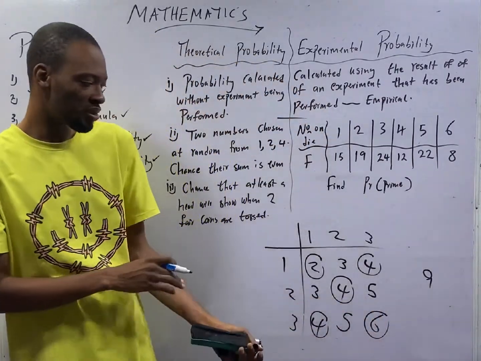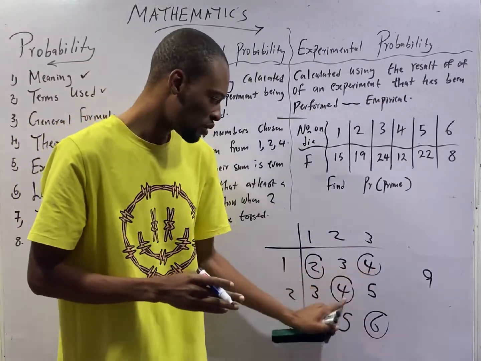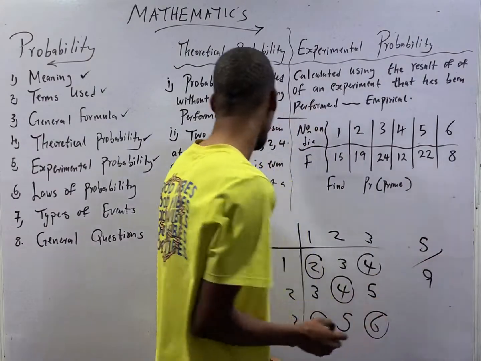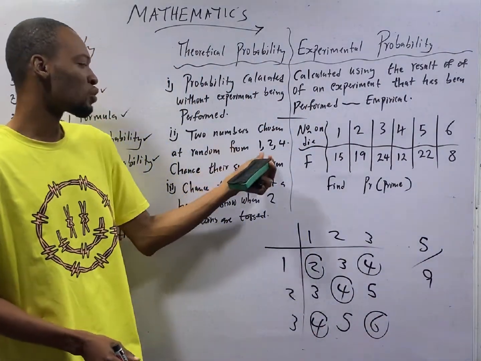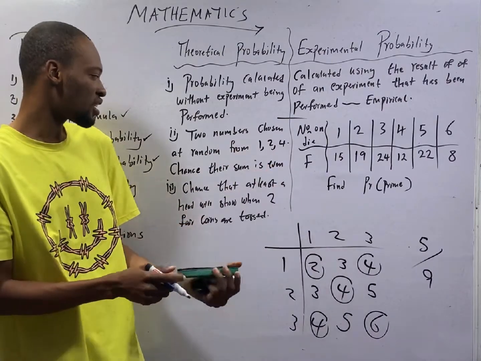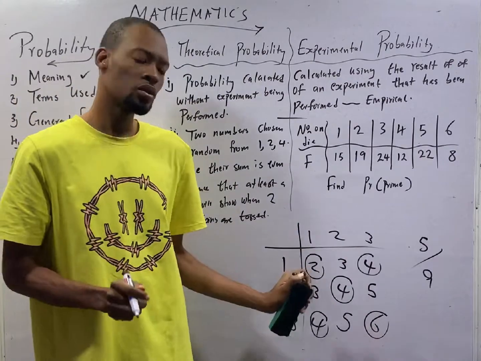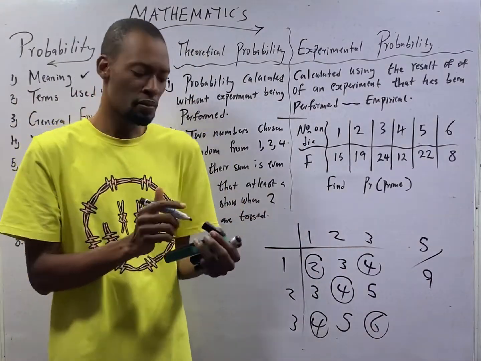If our calculation is correct, it means we have 1, 2, 3, 4, 5 even numbers. So from when 2 numbers, 1, 2, 3, are chosen at random, the probability that their sum is even is 5 over 9. This is theoretical probability.